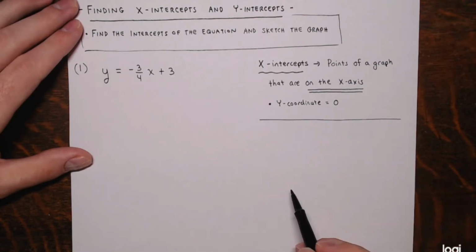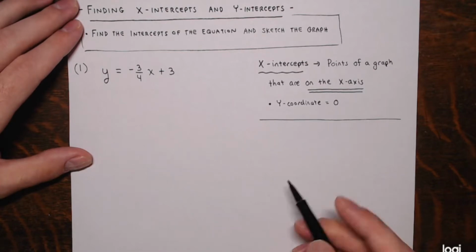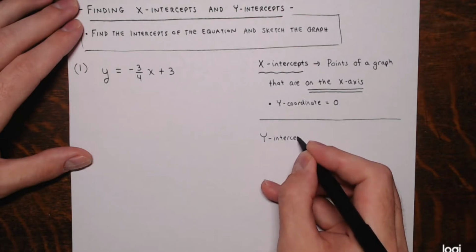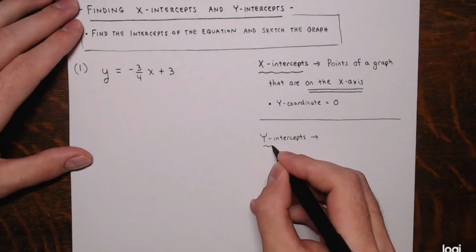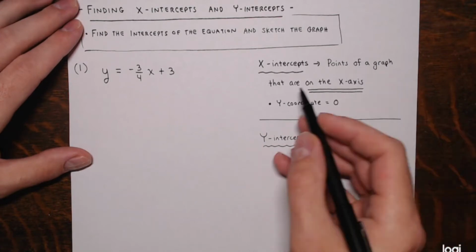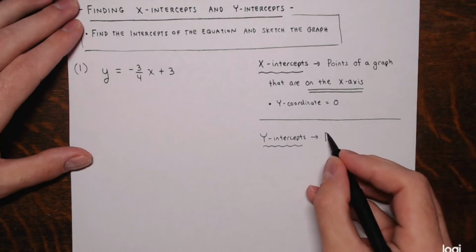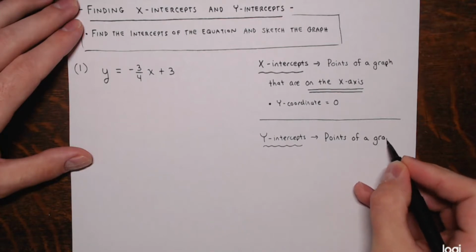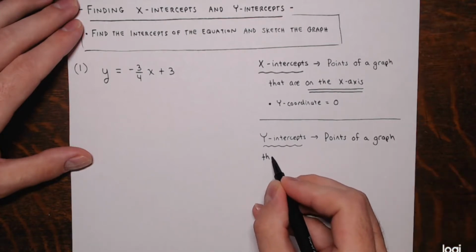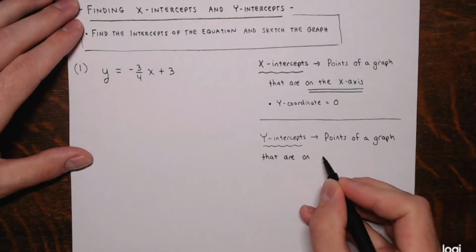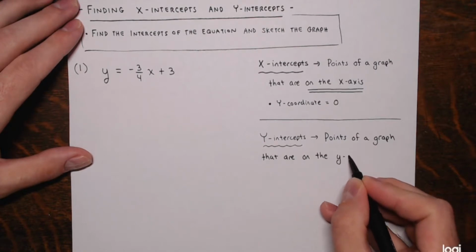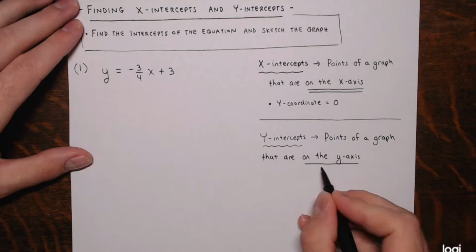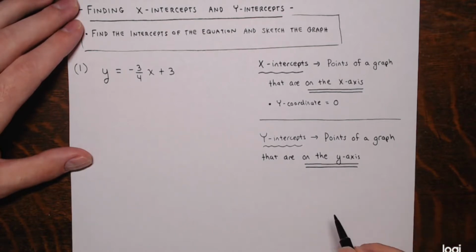And then in a very similar fashion, we'll find y-intercepts. So y-intercepts, these are points of a graph that are on the y-axis. Right, that was the vertical axis, the one going up and down on the xy coordinate plane, right, the Cartesian coordinate system.